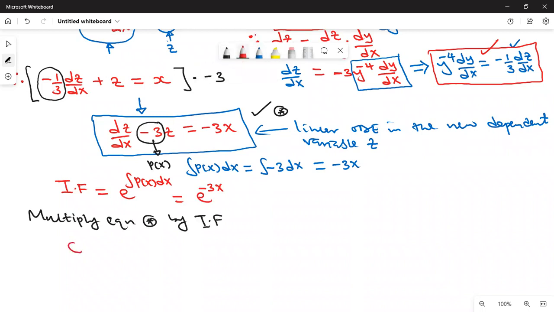We'll write here exponential negative 3x times dz/dx, then minus 3 exponential negative 3x times z is equal to negative 3x exponential negative 3x. So that's when you multiply by the integrating factor.